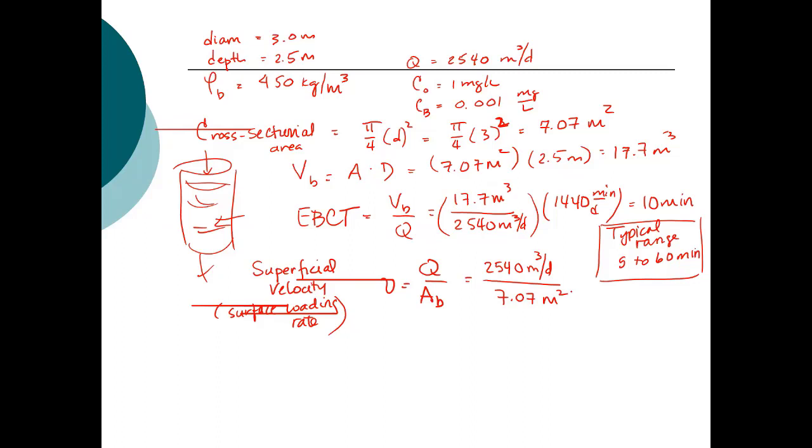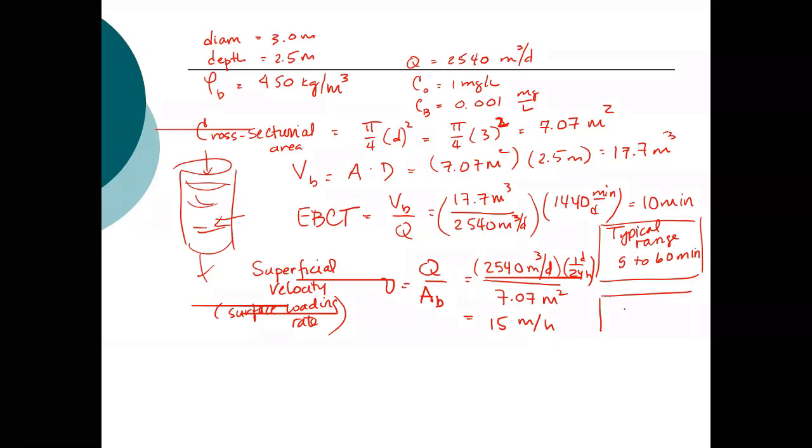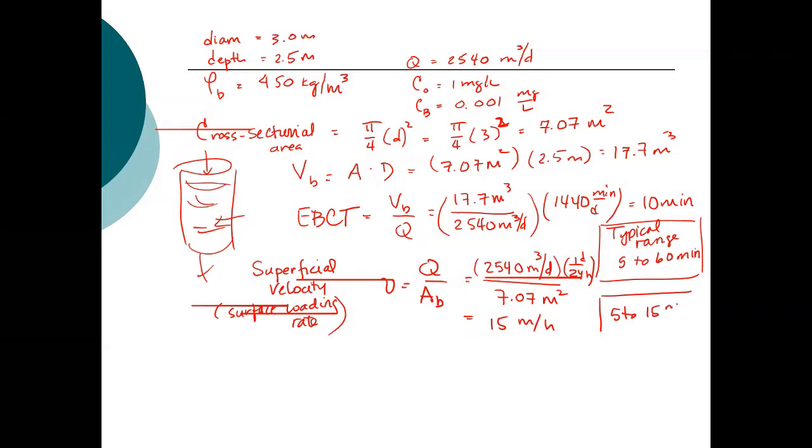And typically this is in hours, so we'll divide the flow rate by 24, and that is 15 meters per hour. And the typical range, I'll just give you the typical ranges in a box, is 5 to 15 meters per hour. So it's on the high end, but it's within the range.